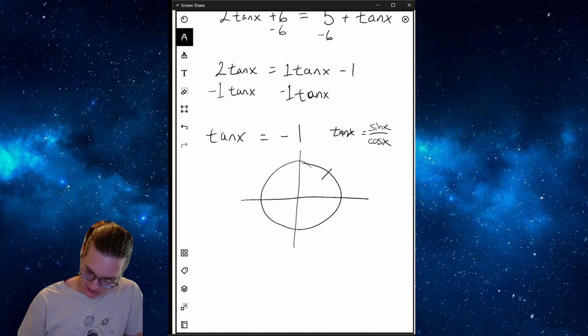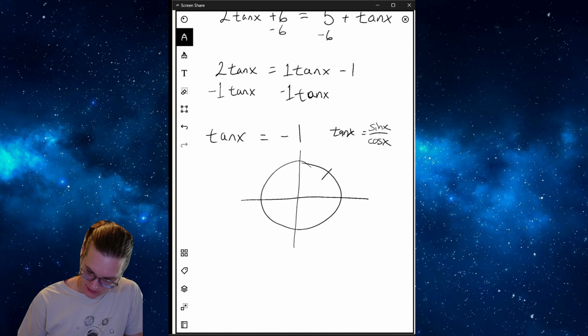Okay. And when is it negative, though? It is when one of the two is negative, but not both, right? So when it's like this, or when it's like this, and that occurs, here are our quadrants: plus plus, minus plus, minus minus, and plus minus.